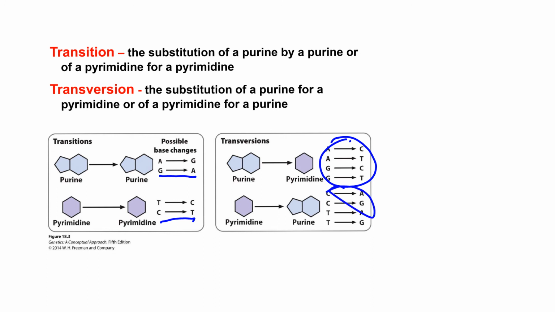As I mentioned before, sickle cell anemia is a transversion. You know that in sickle cell anemia only one nucleotide is substituted.